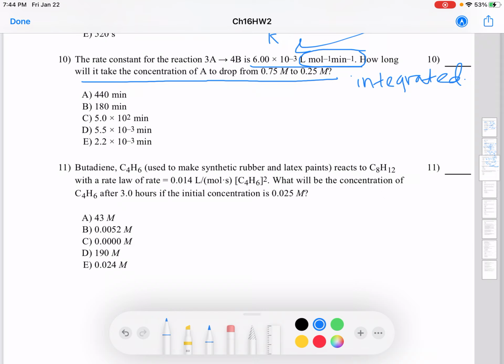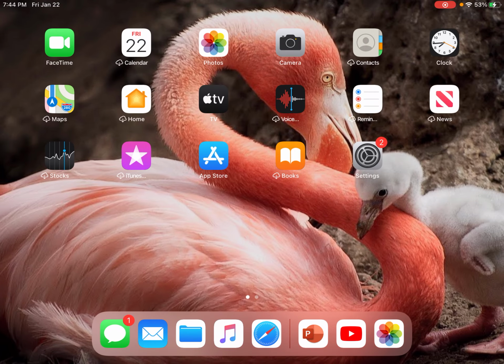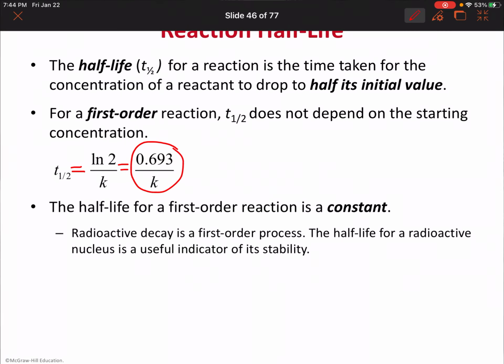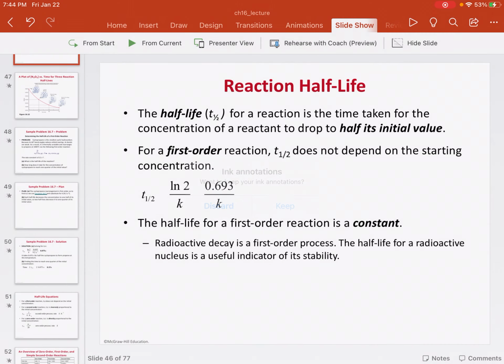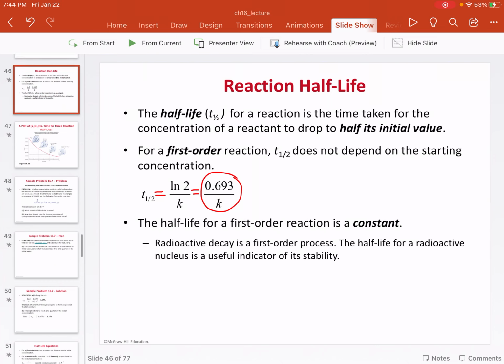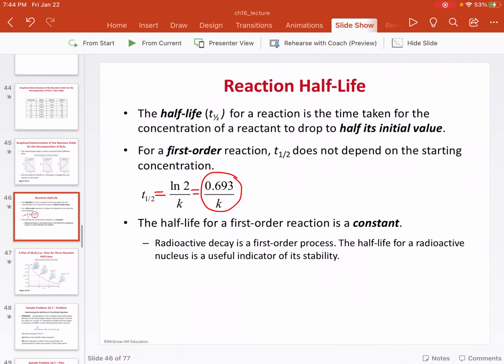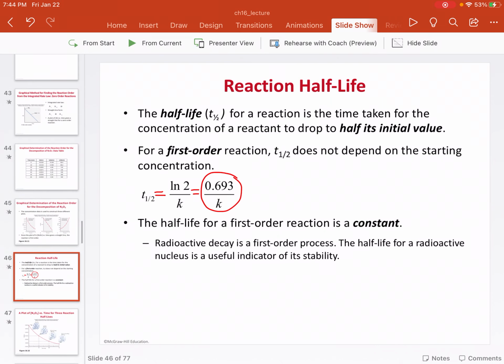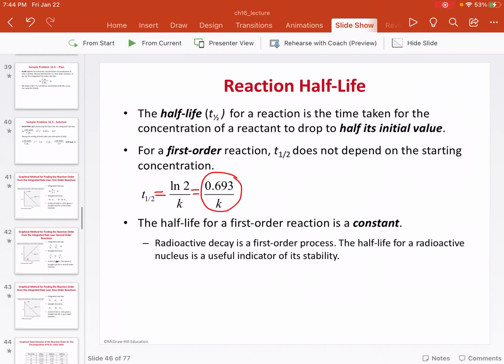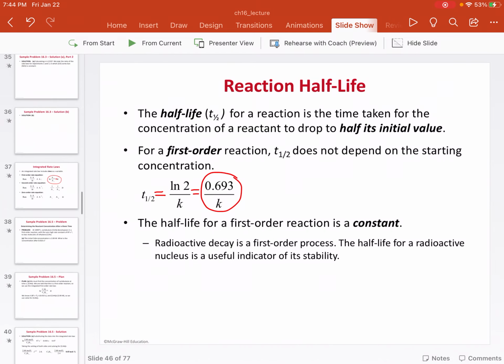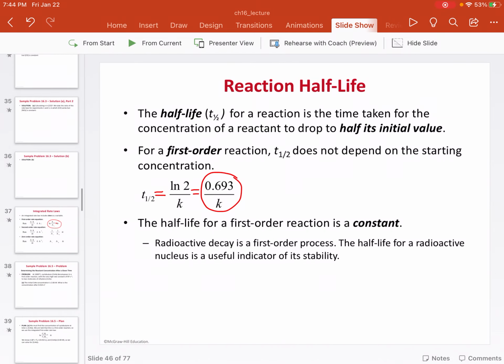Liters per mole per minute. So you refer to your lectures. Okay, and then we can see the integrated rate law, and also we can refer to the units. Where's the slide?